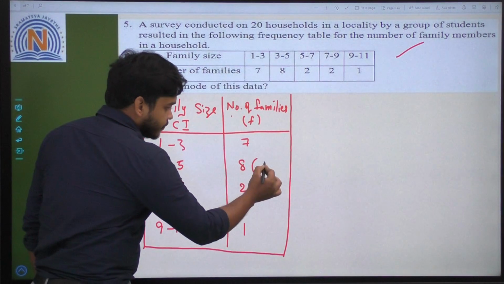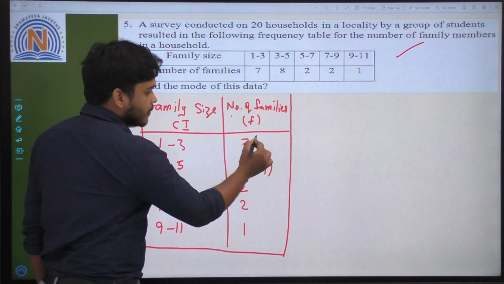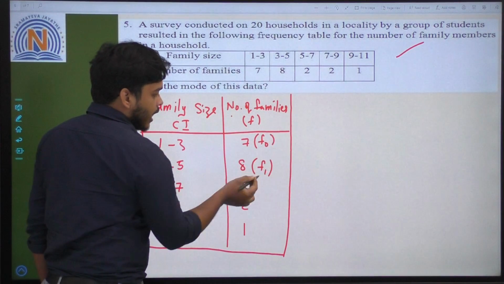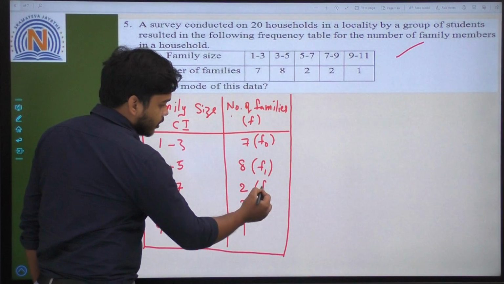So this is F1, and the preceding value of the highest frequency we call F0, and the succeeding value of the highest frequency is called F2.